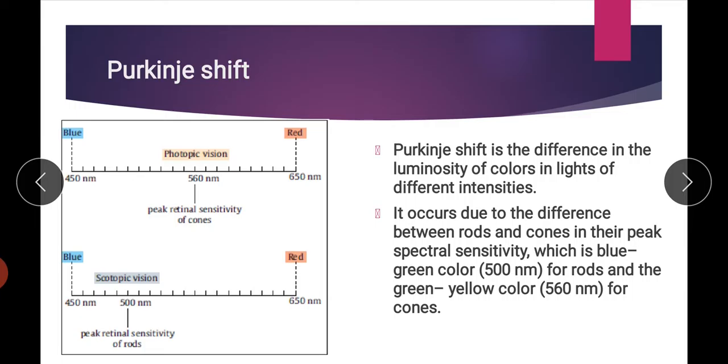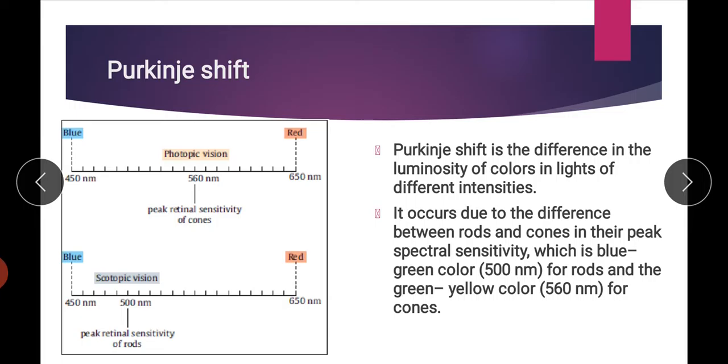Photopic vision, meaning vision in bright light, is mainly attributed to cones. The other is scotopic vision, which is vision in dim light, mainly attributed to rods.